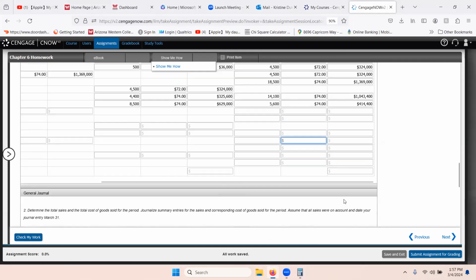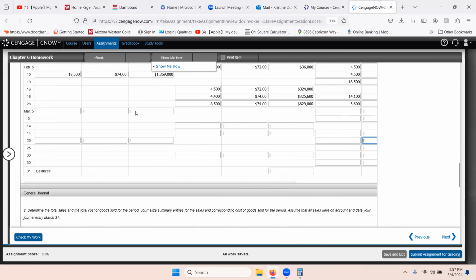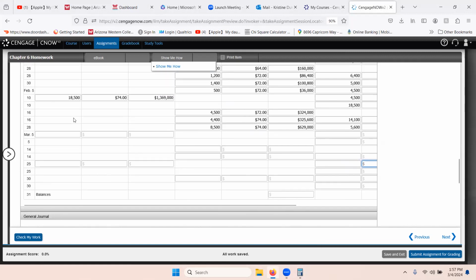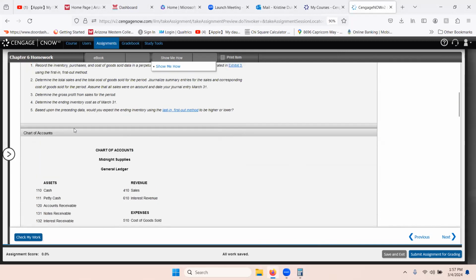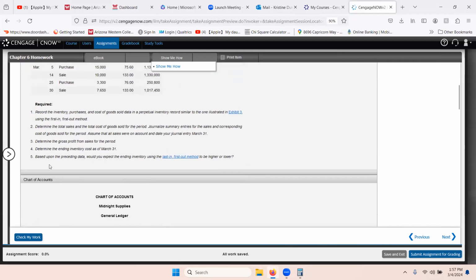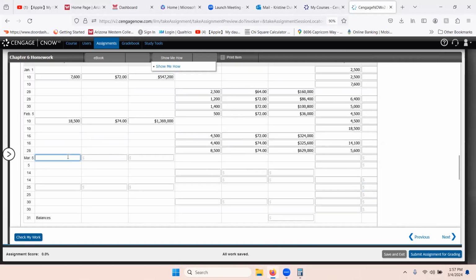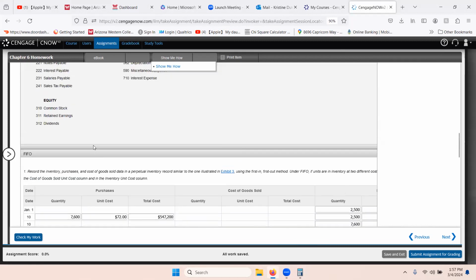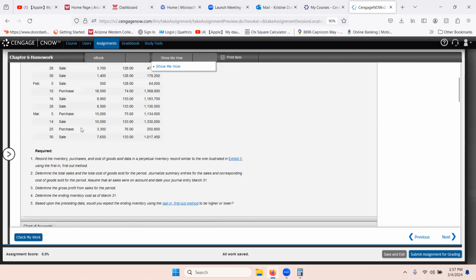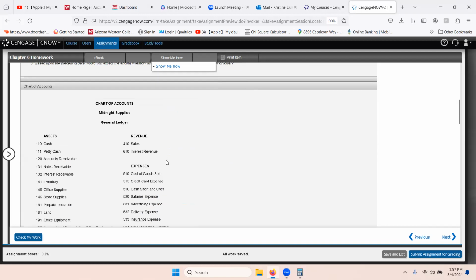Okay, let's go purchase some more fun stuff. So our next one is another purchase on March 5th. We're almost done with this portion. March 5th, 15,000 at 75.60. Okay, I'm gonna come up here and grab their number because I don't want to think. 1134.